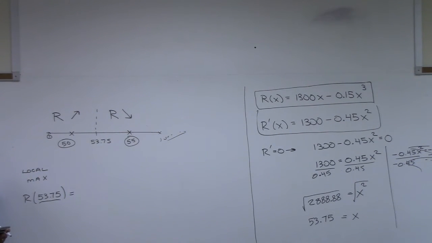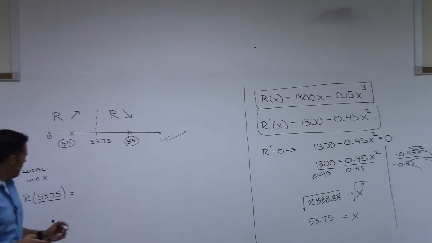I'm plugging in 1,300, plugging this into the original function, times 53.75 minus 0.15 times... I'm getting, see if anyone else gets this.